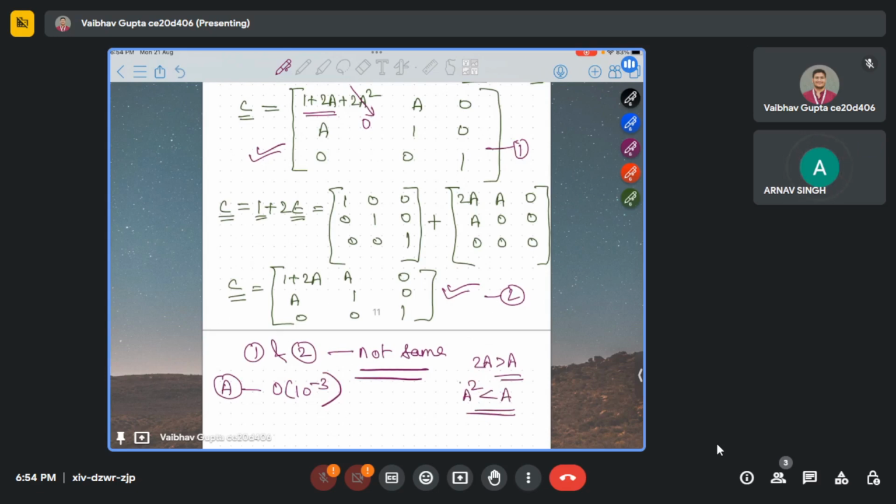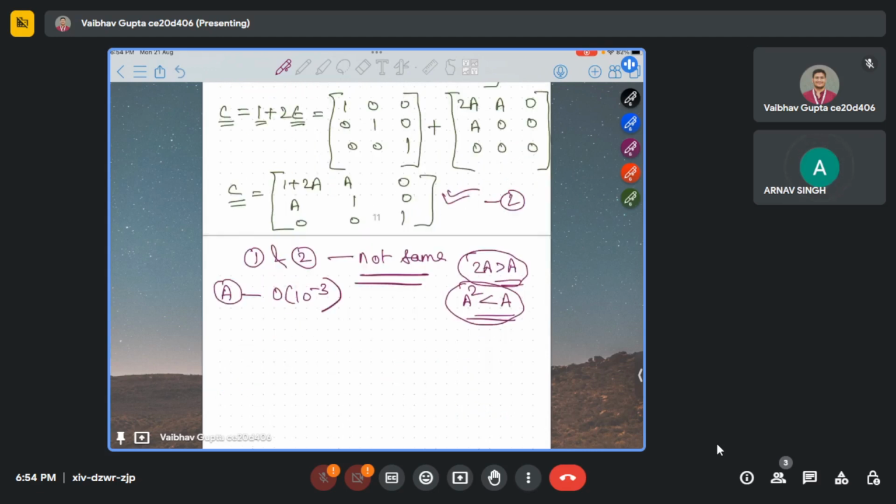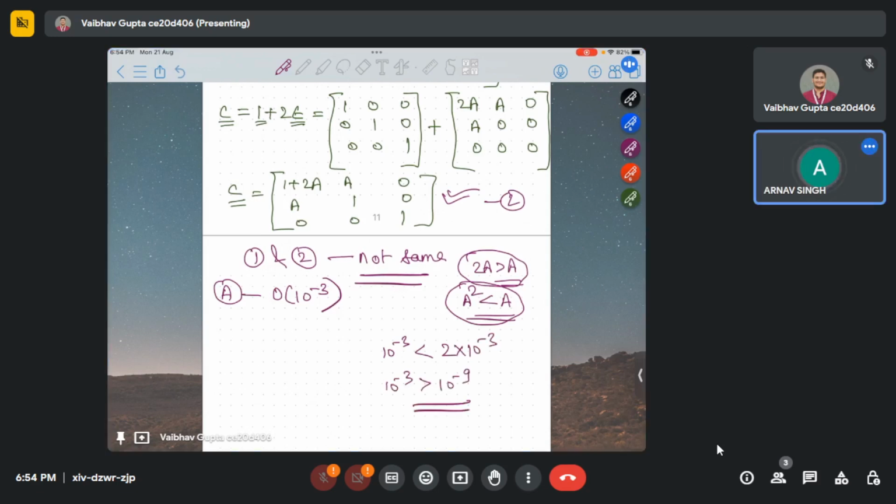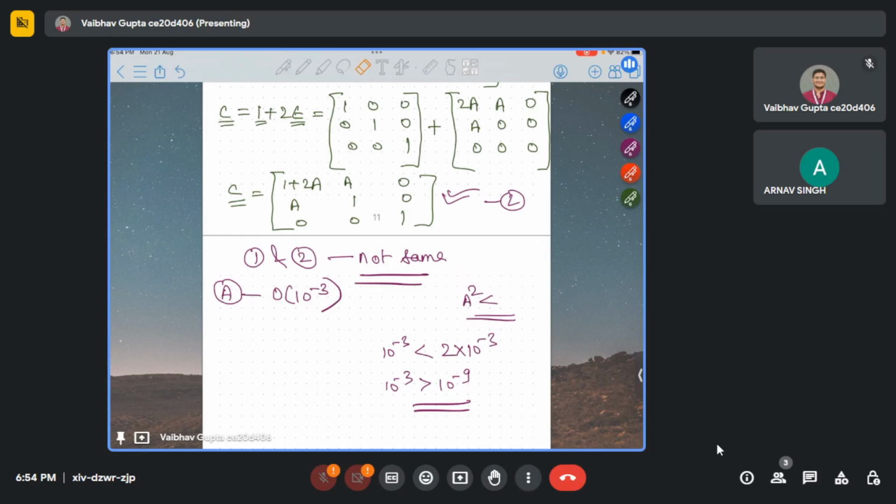So we will neglect this value, but we will not neglect this value. See, 10 to the power minus 3 is smaller than 2 into 10 to the power minus 3, but 10 to the power minus 3 is greater than 10 to the power minus 9. You are getting it? So this is the reason for neglecting.